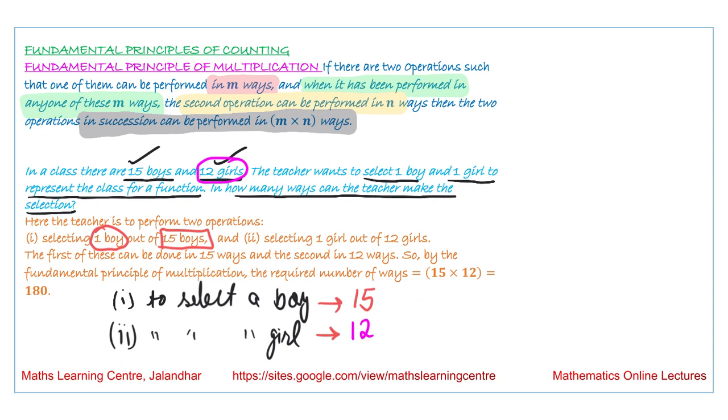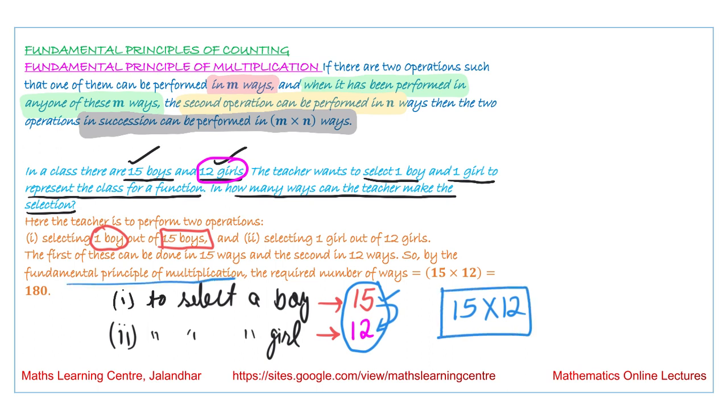So the total number of ways of selecting one boy and one girl is 15 into 12. By the fundamental principle of multiplication, the required number of ways is 15 into 12, which is equal to 180. This is what the fundamental principle of multiplication is.